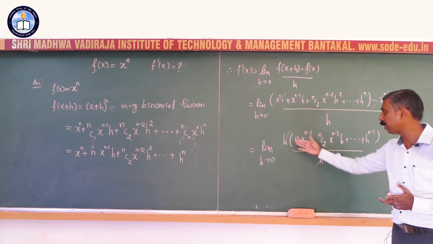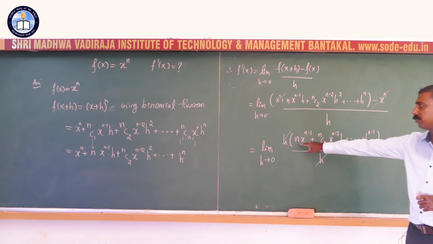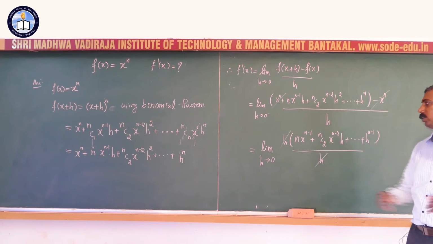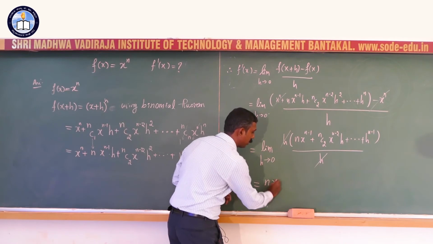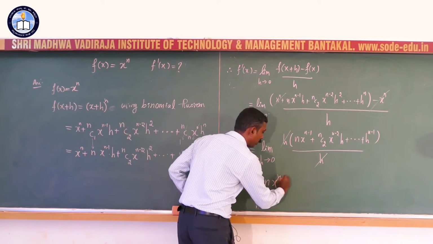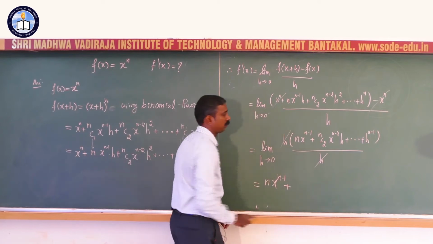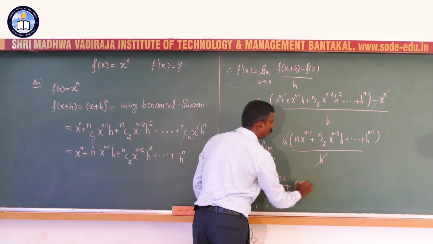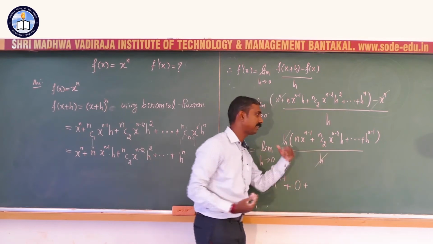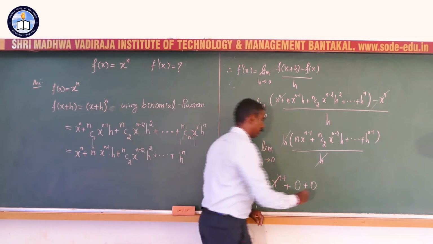Now, can we apply the limit directly? Yes, we can apply the limit. The first term has no h, therefore this remains. See, this will be n into x to the power n minus 1. In the second term, since there is an h, it is 0. Next term, since there is an h square, it will be 0. Next term, it will be 0.